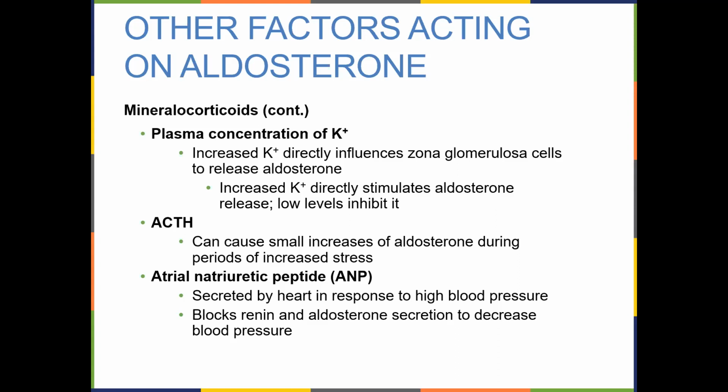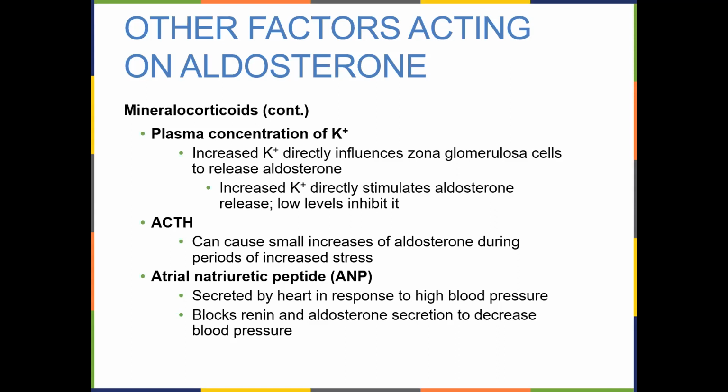Now, other ways. Potassium, plasma levels of potassium. If our potassium levels are high, we stimulate aldosterone production, because that will get rid of the excess potassium.